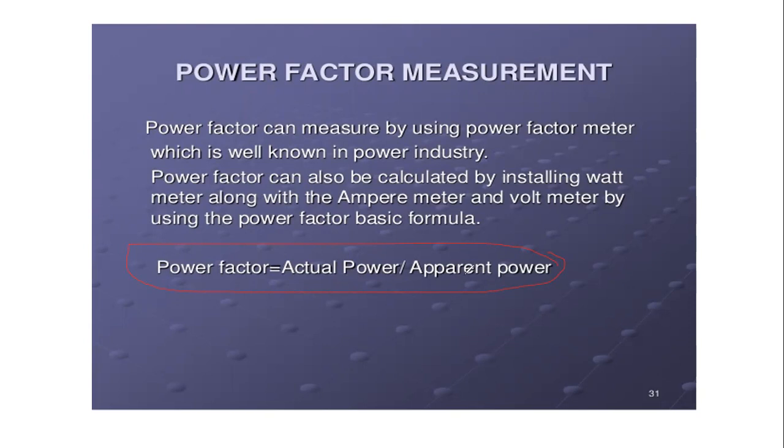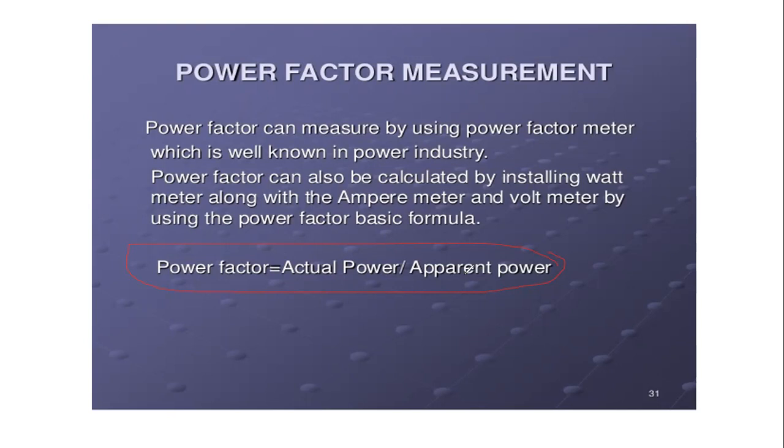By connecting the wattmeter, voltmeter and ammeter into the system, we can measure the power factor mathematically. Practically, we measure the power factor by using power factor measuring equipment, or otherwise by calculation after installing the wattmeter, ammeter and voltmeter in the system.